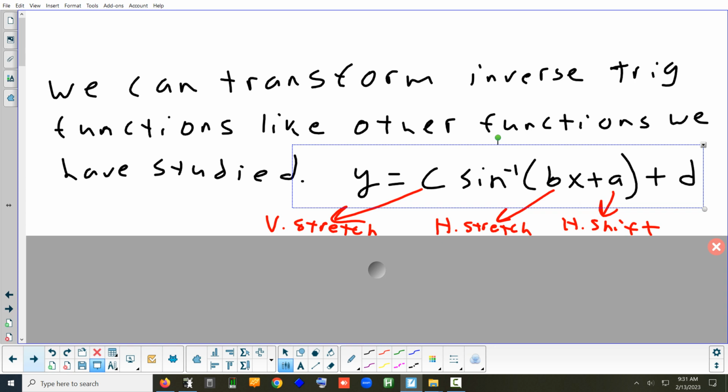And if C is negative, it would vertically flip. The last one is D. We're doing them in the order you process them in when you do a problem: A, B, C, and then D. D is adding, like A, or it could be subtracting, but it's outside instead of inside. That's your vertical shift.